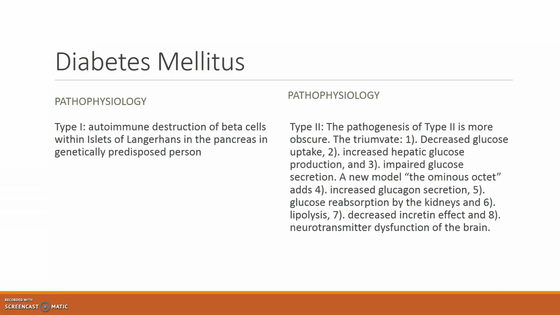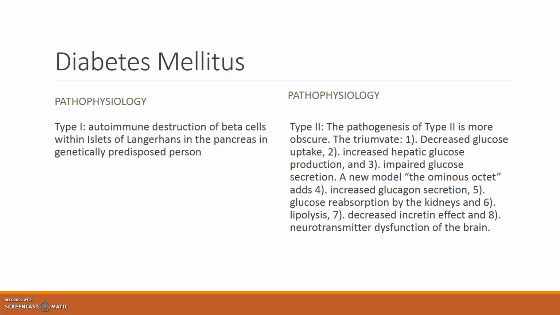However, recently a newer model, the ominous octet, came and said, yes, I agree, those things are happening, but there's 5 other things that we know happen within the type 2 diabetic, and that is increased glucagon secretion, increased glucose reabsorption by the kidney, and increased lipolysis.